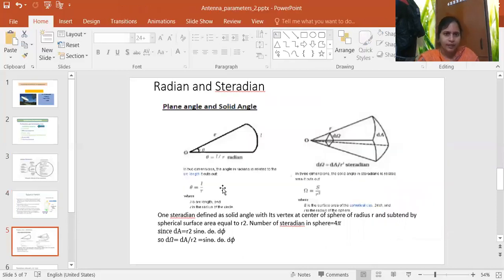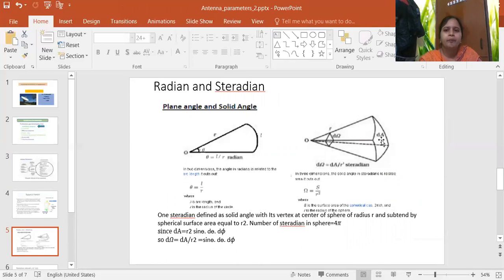First of all, we have to know what is radian and steradian. Radian, we already know from this figure: theta is equal to L by R, where L is the length of this arc and R is the radius.